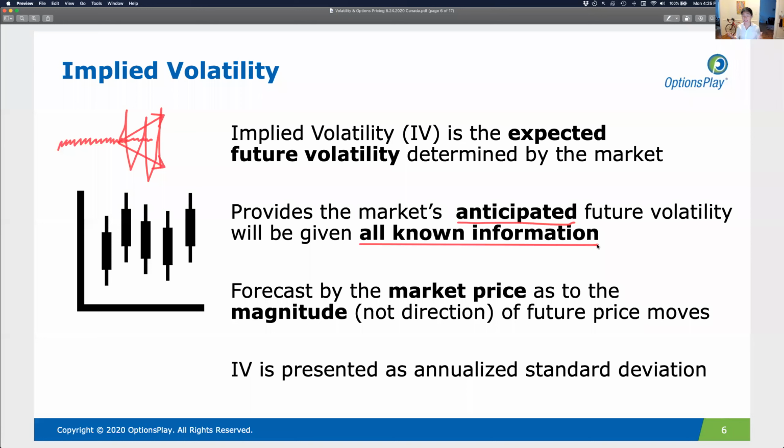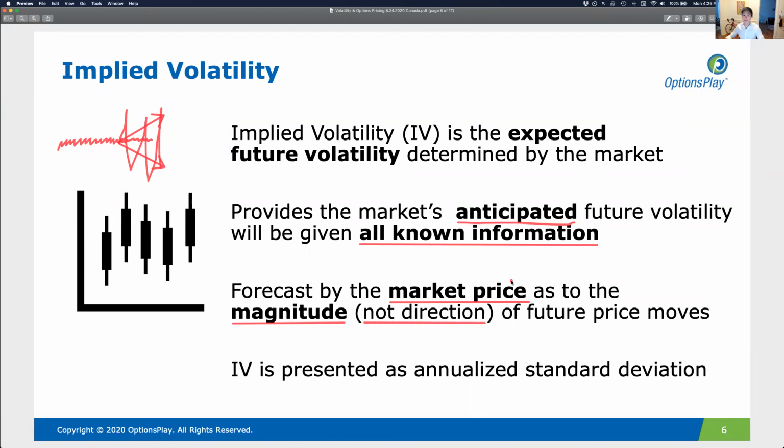And that information is embedded into the price of an asset. Whether you're looking at the price of the stock or the price of the option, it doesn't matter which asset class we're talking about. But whenever we look at the price of an option, we can use that to forecast the potential market price as to the magnitude, but not the direction, of future price movements.